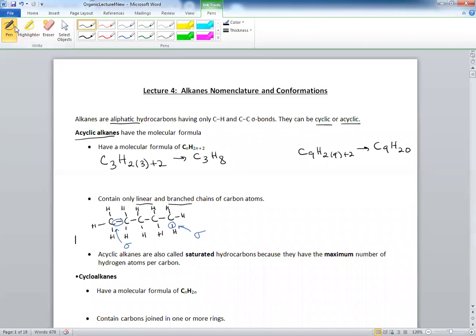So this would look, by the way, like this, if we draw the skeletal structure. So you can draw your compound like this with a CH3.